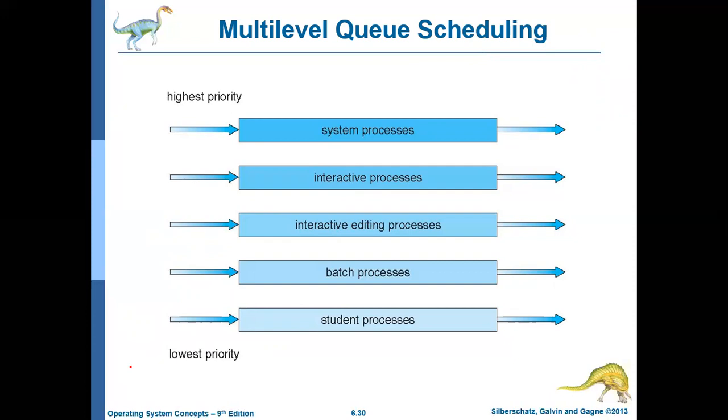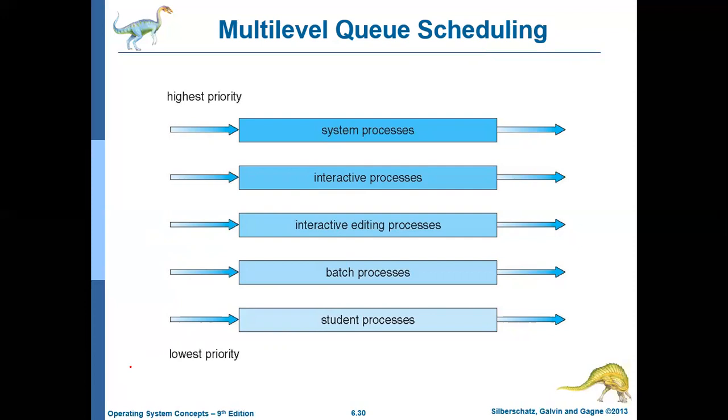Okay, so there are two types. The first method is that all the jobs in the higher priority queue should be completed before executing any jobs or processes in the lower priority queue. The second method is that the operating system may allocate some time, say 80% of the time, for the jobs in the higher priority queue or the interactive process, and the remaining 20% for the jobs in the batch process queue.